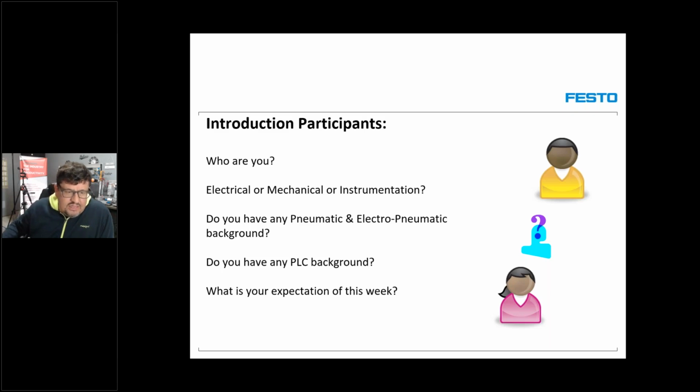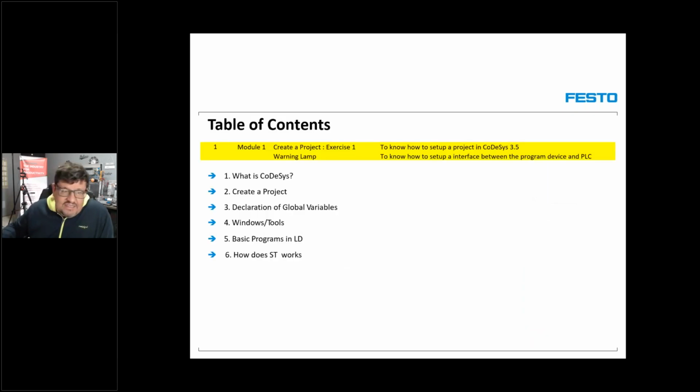All right, what we're going to do today, this is the table of contents. What is CoDeSys? How to create a project? The objective for today is to give you an overview of what CoDeSys is, and also an overview of the working principle of a PLC. It's very important for anybody who wants to attend a PLC training to understand the working principle of the PLC.